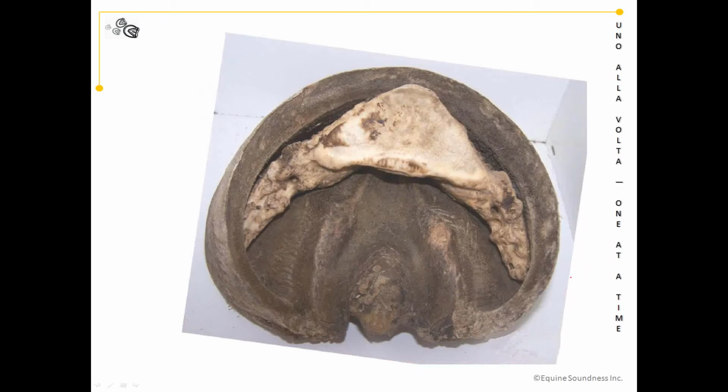This is a little bit of a different angle. Again, we see how crooked this is in the hoof capsule, but also how it determines the shape of the hoof capsule and how the two interact.